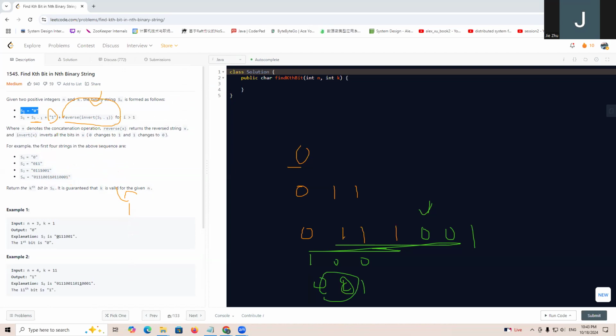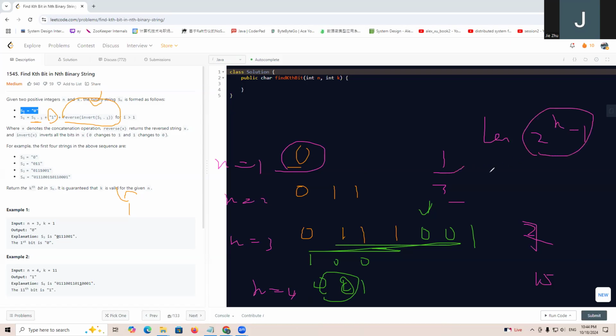For every n, we try to see what the length is. When n equals 1, the length is 1. When n equals 2, the length is 3. When n equals 3, it will be 7. And when n equals 4, it will be 15. So it looks like for every n, the length will be 2 power n minus 1, right?